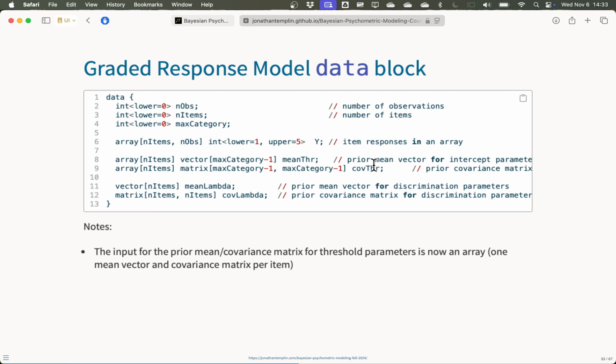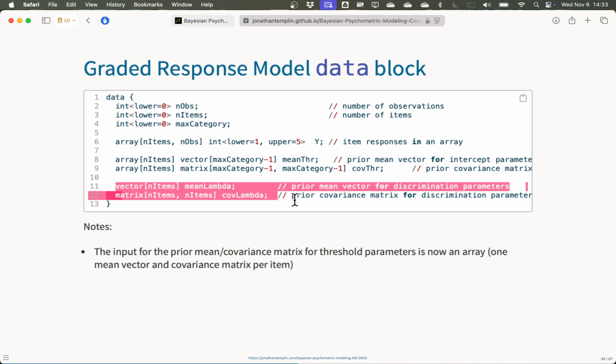This allows each item to have its own unique set of hyperparameters if we need to use them for the covariance matrix of the thresholds. And I cannot emphasize enough, if you have a small number of observations in any one category, you may need to make more informative priors on these thresholds. And this is the method by which you do so in this covariance matrix here for each item. Finally, the imported values for lambda happen to be the same as we've seen before.